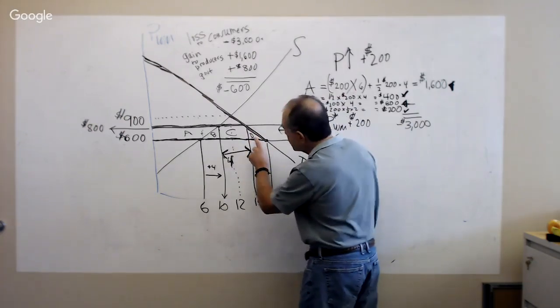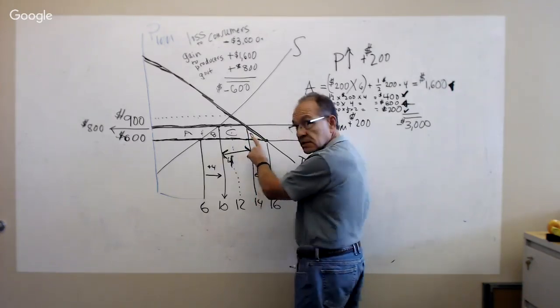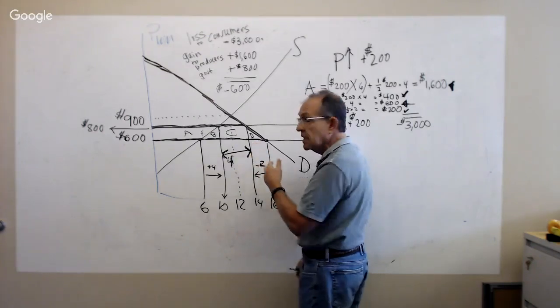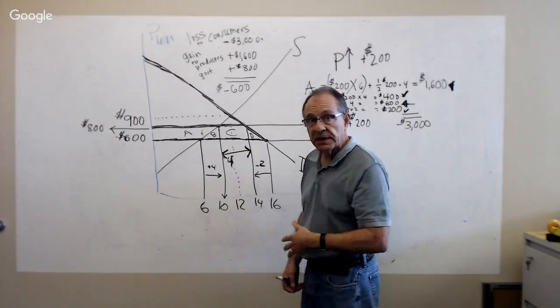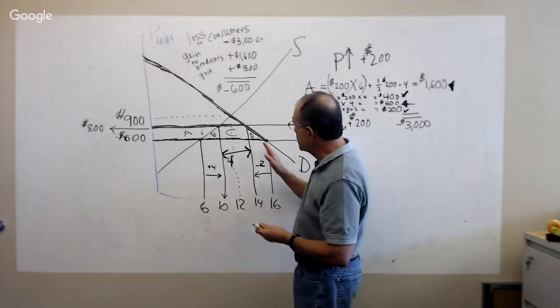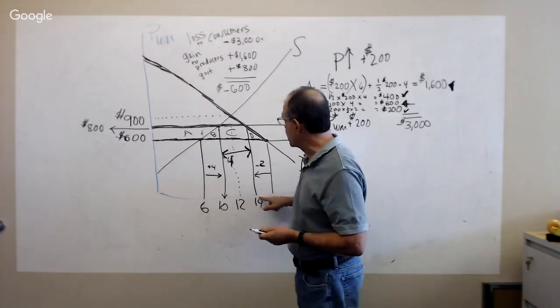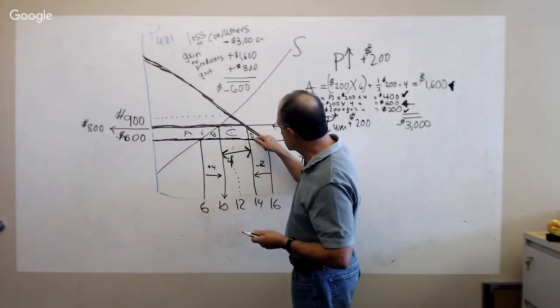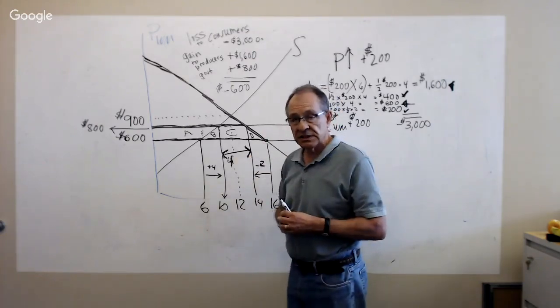And so they're sacrificing this triangle, which represents consumer surplus that disappears, that they had the opportunity of having when there was no tariff. But now that opportunity is gone. They've been discouraged from consuming this amount. They've cut back to 14. All of this is lost consumer surplus, and it's called the consumption efficiency loss.